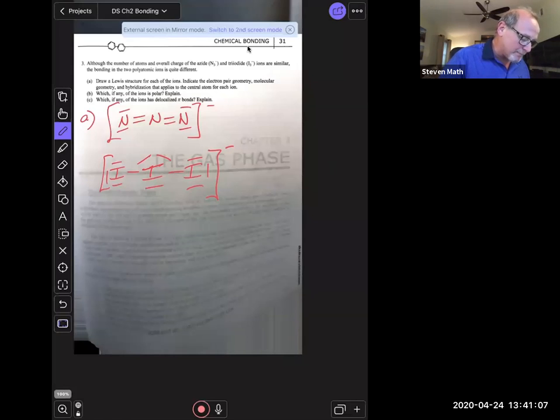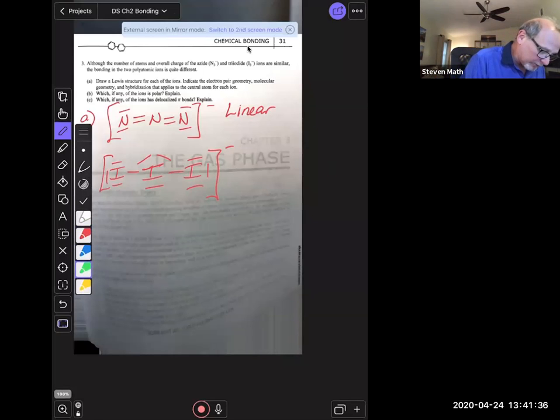Indicate the electron pair geometry. Remember, that's just the generic geometry of it. In this case, the electron pair geometry and the molecular geometry are the same. For this molecule, they're both linear because it would be 2 bonds, and the double bonds aren't counting.